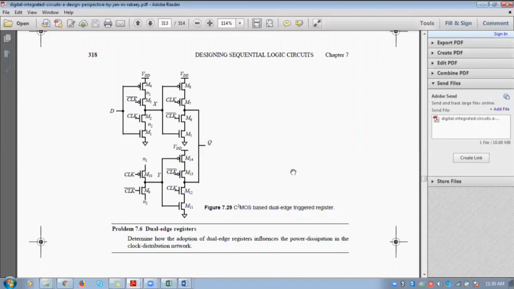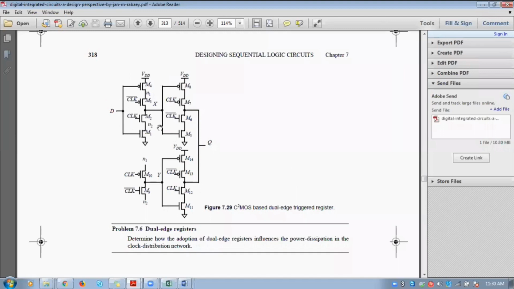Compared to the previous design, this dual edge triggered register will be twice as fast. So here you see the normal C squared MOS design. This will work normally as we have discussed.